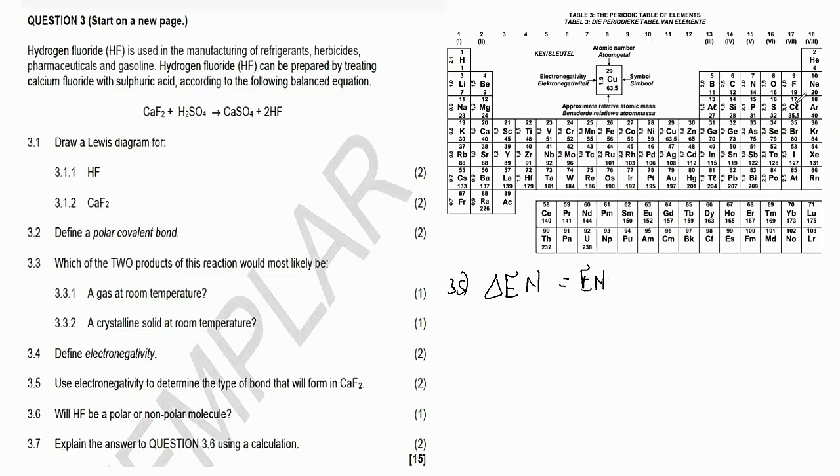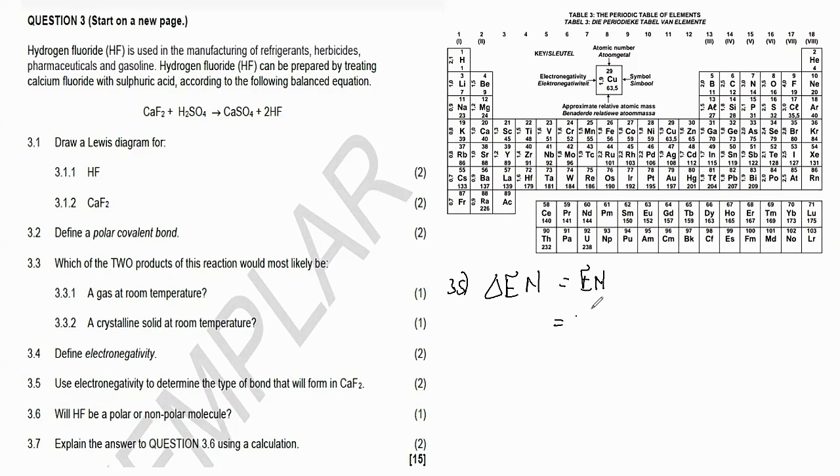Then if we check there, our fluorine has an electronegativity of 4.0. And then we have our calcium. Where is our calcium? Here. And then with an electronegativity of 1.0. So which one are we looking for?